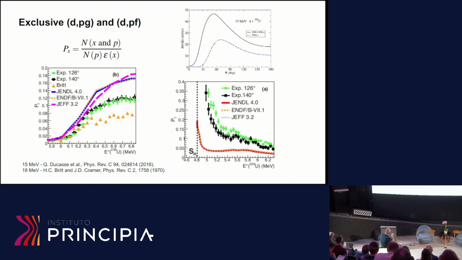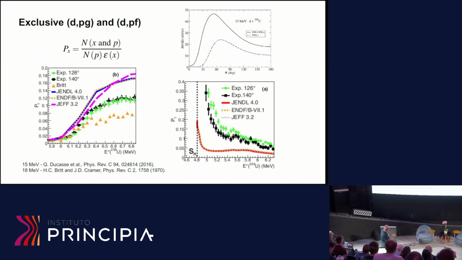And they compared these results with three evaluation libraries for neutron-induced reactions. What they did is take the fission cross-section divided by the reaction cross-section, and you can calculate the fission probability here. That is a function of the neutron energy in this case, or as a function of the uranium-239 excitation energy.